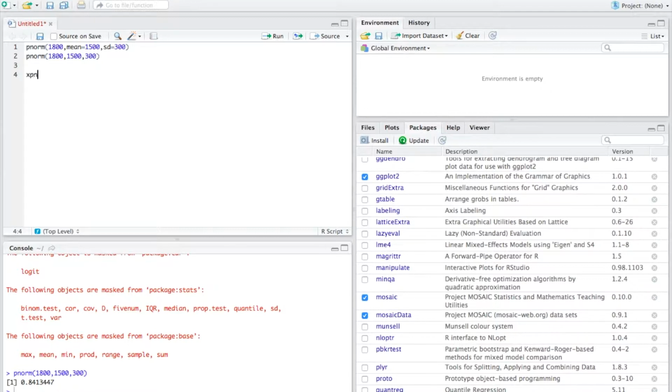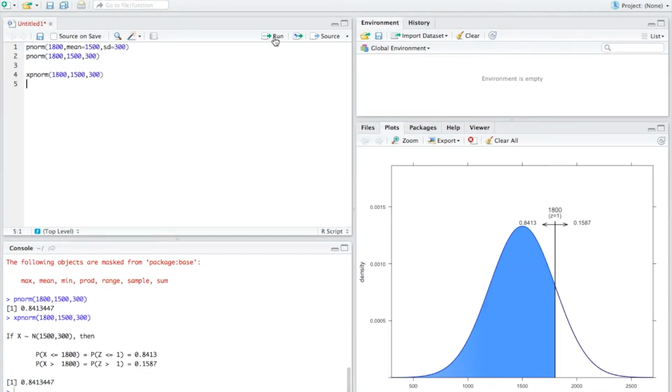I can also use, like I talked about, the xpnorm command from the Mosaic library. I'm going to pass these same three arguments to the xpnorm command: the test value, the mean of the distribution, the standard deviation of the distribution. And the xpnorm command is going to give me some more information.